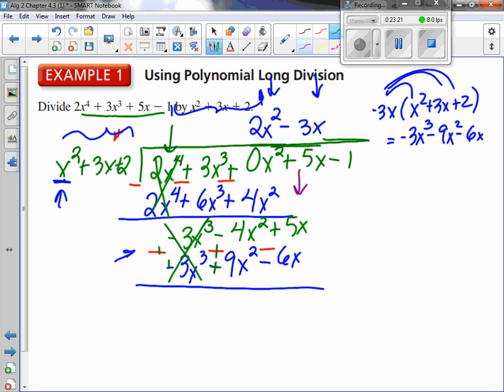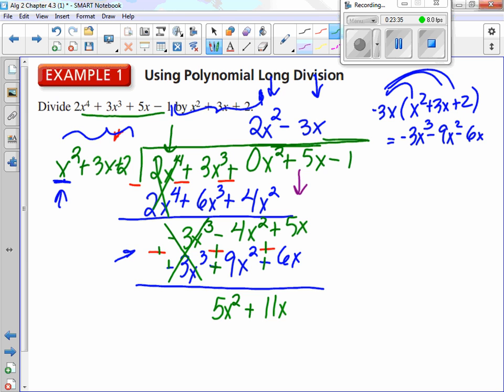So negative 4x squared plus 9x squared will be 5x squared. Here, negative and negative again would make a positive, so we get plus 11x. And lastly, we bring down the negative 1.